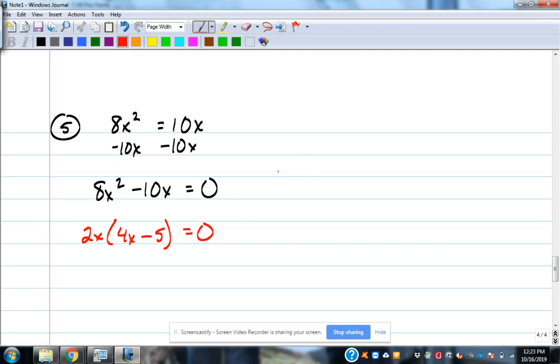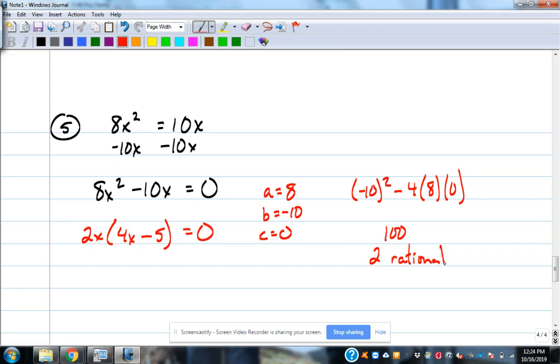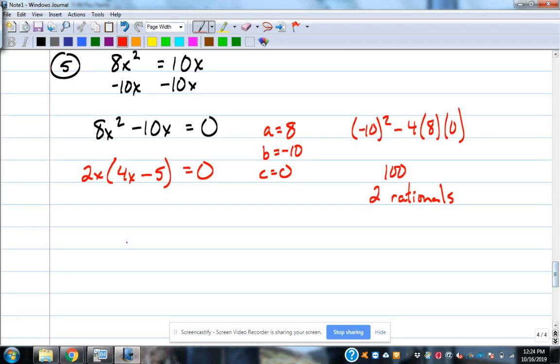But if we do quadratic formula, A is 8, B is -10, and C is 0, then we could do our discriminant, which would be 100, which is a square number, so it's 2 rationals. And then you could do x equals -b plus or minus the square root of the discriminant, divided by 2a. All right, so that'd be 10 plus or minus 10 over 16, right?